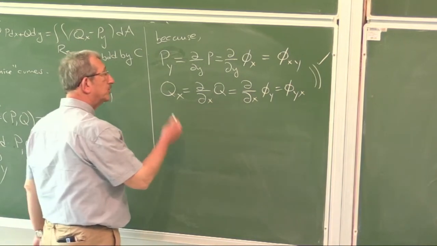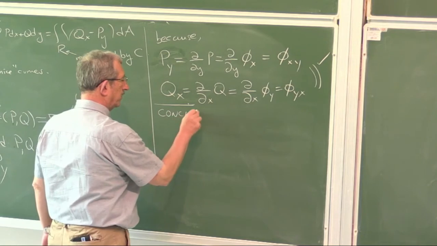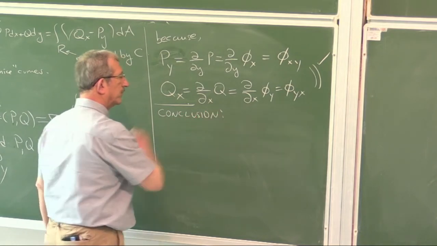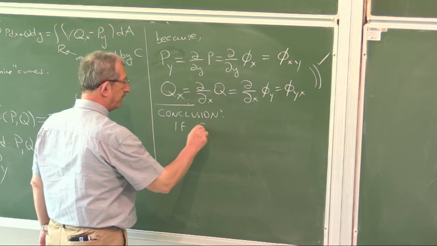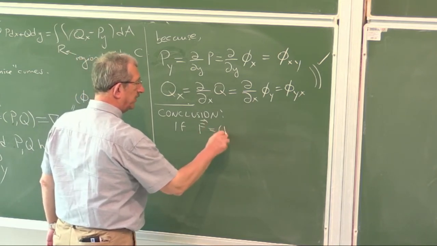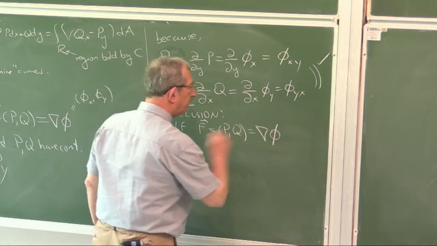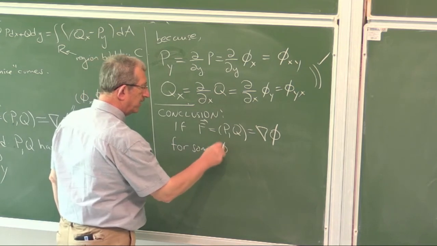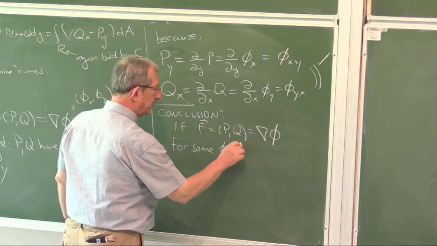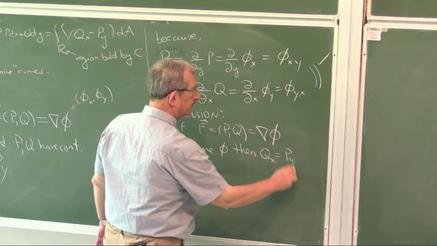So, conclusion. If F, that is PQ, is the gradient of phi for some phi, then Q sub x is P sub y.